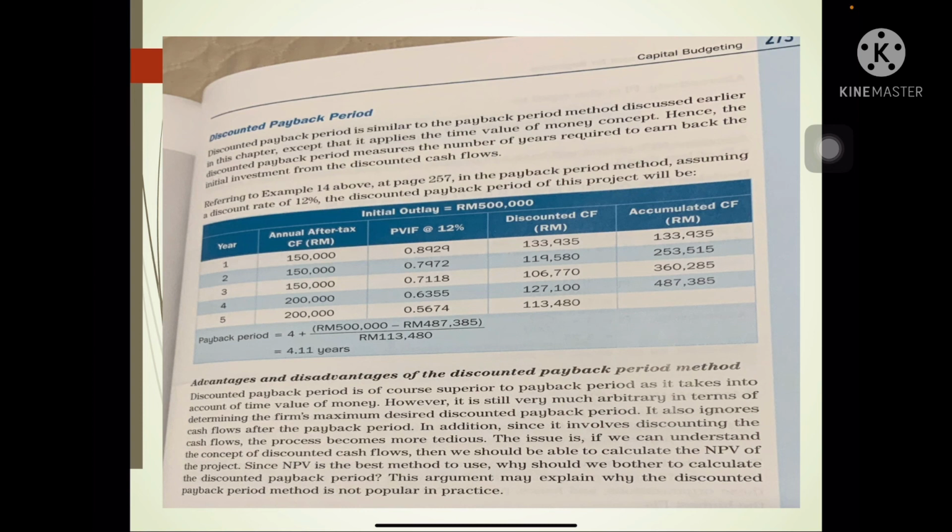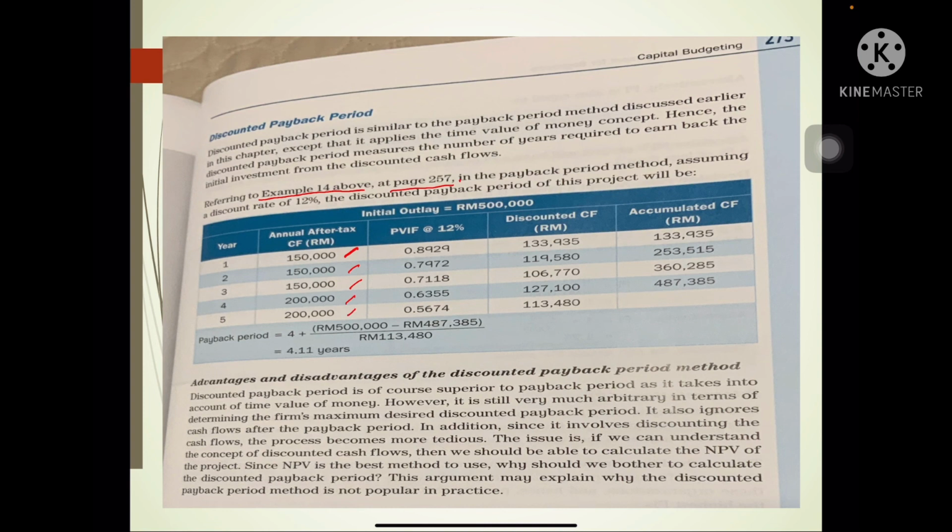For this illustration, we refer to example 14, page 257. The annual cash flows will be 150,000 for the first 3 years, and for year 4 and year 5 will be 200,000.